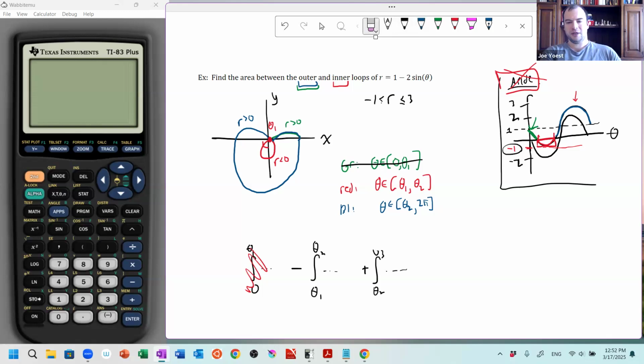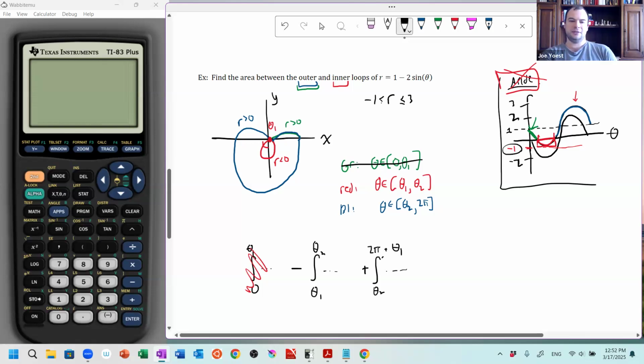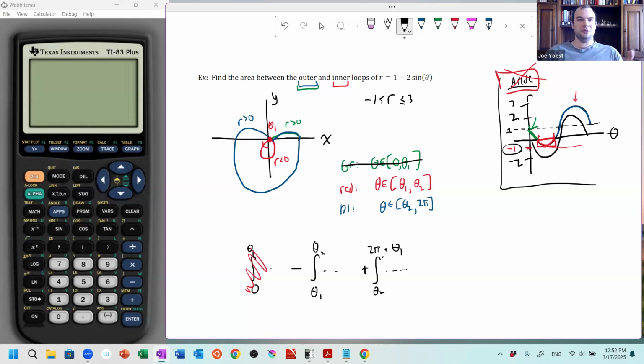This would be from theta 2 up to 2 pi plus theta 1, which brings me all the way back to the red loop. Going from theta 1 to 2 pi plus theta 1 is still a span of 2 pi radians that I'm going around. I'm just choosing my start and end points a little differently so that it makes the integrals a little bit easier. I don't think there's anything wrong with doing it the first way. It's just that I have to do a bunch more evaluations. It might be easier to do it this way.